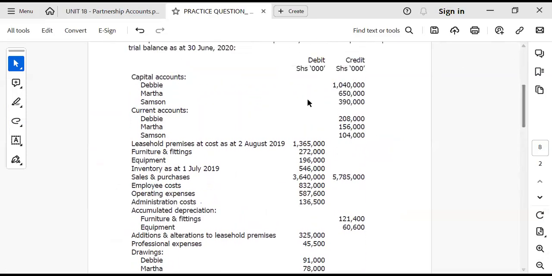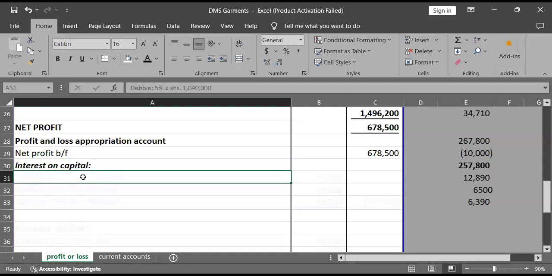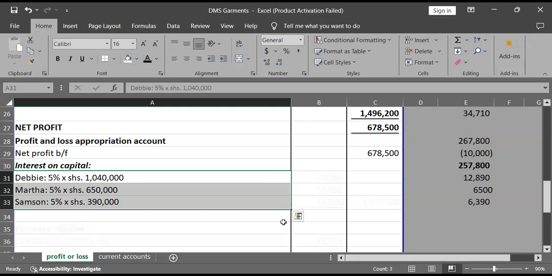So we're going to get 5% of this 1 million, 5% of the 650, and 5% of the 390. So we shall clearly show for Debbie, Samson, and Martha, they are 5%.